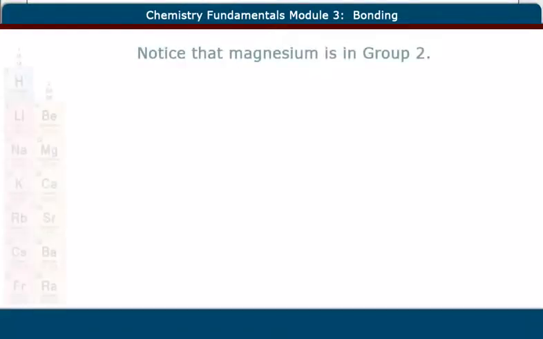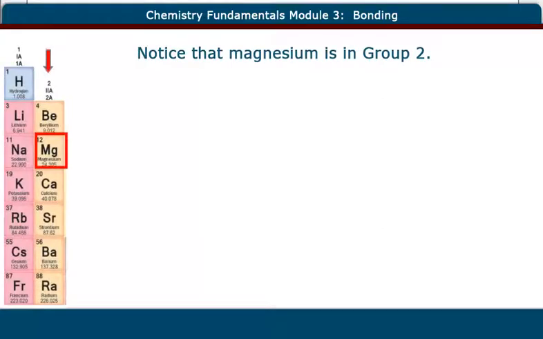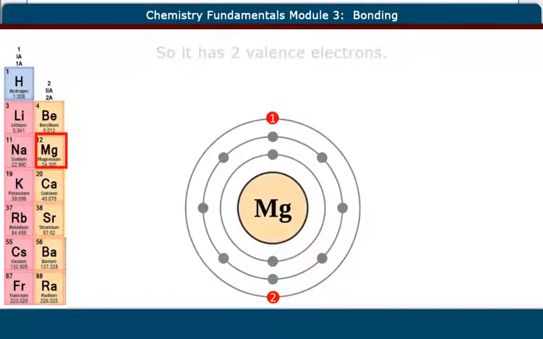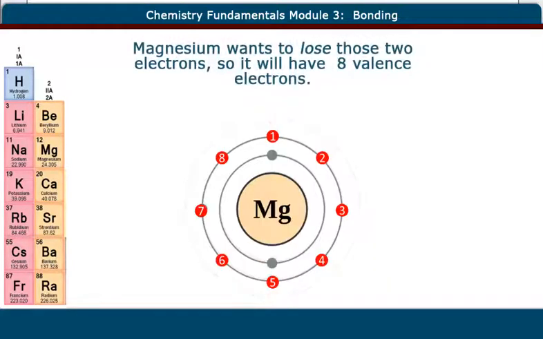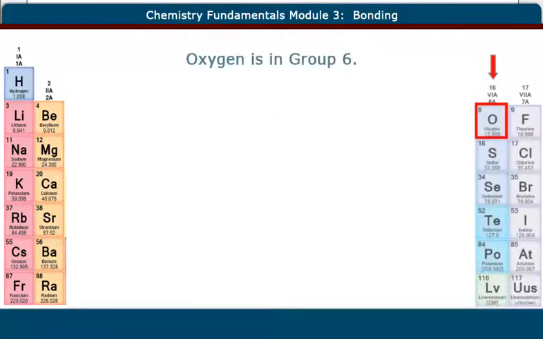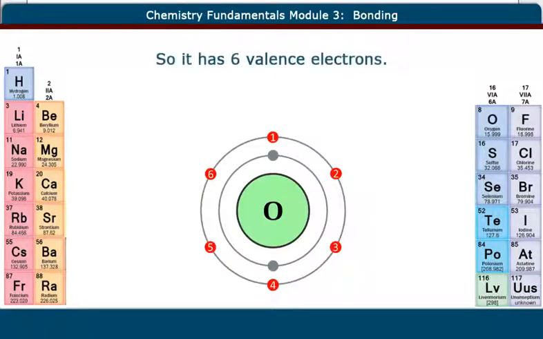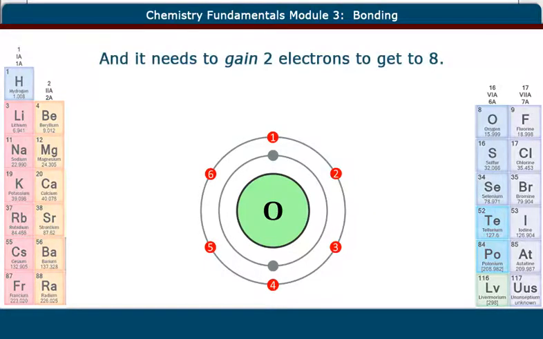Notice that magnesium is in group 2. So it has 2 valence electrons. Ideally, magnesium wants to lose those 2 electrons, so it will have 8 valence electrons. Oxygen is in group 6. So it has 6 valence electrons, and it needs to gain 2 electrons to get to 8.